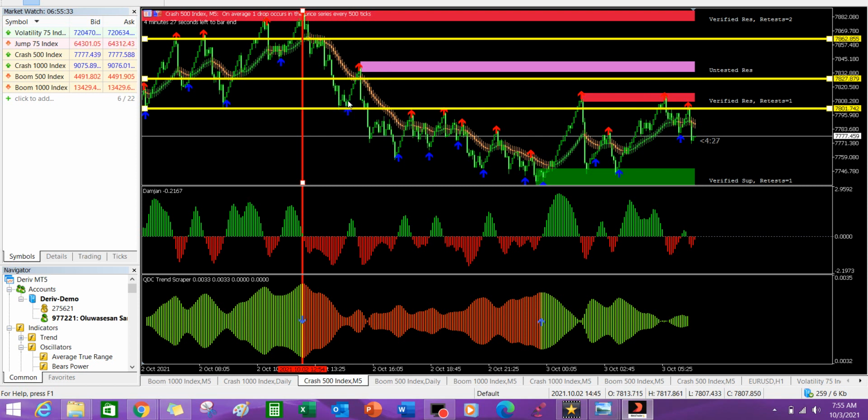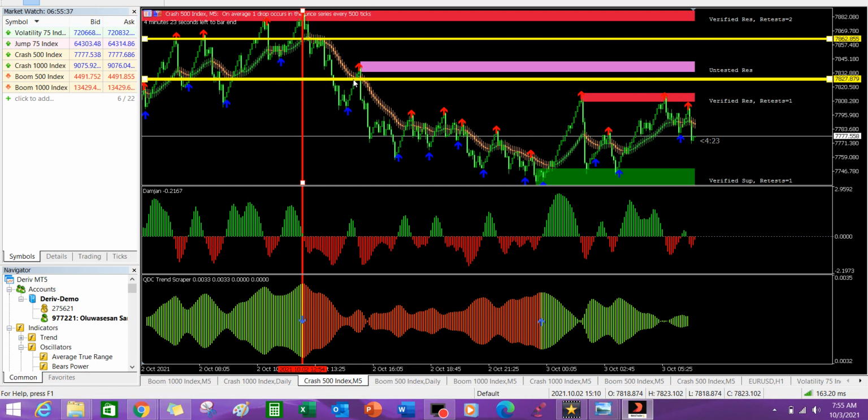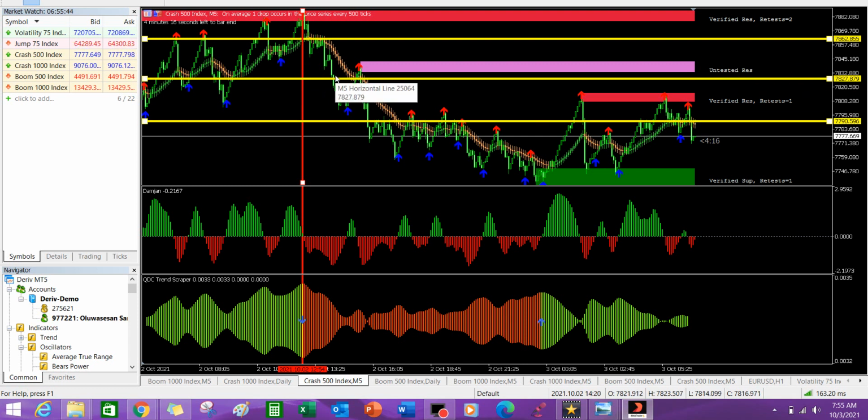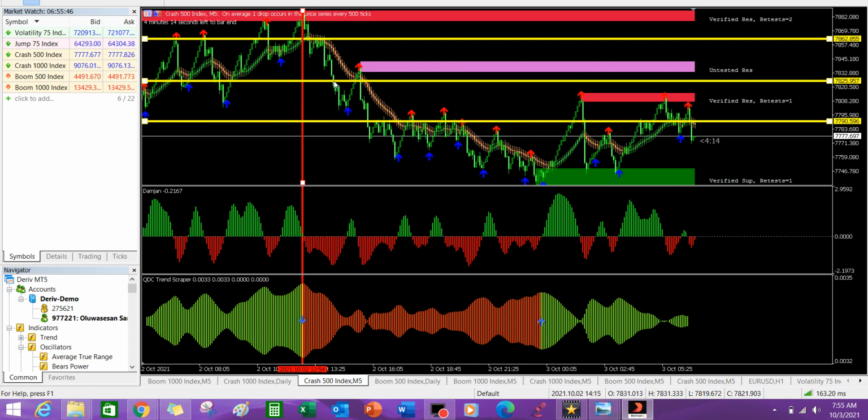But check it out, it went up again and got to your stop loss, even beyond your stop loss. Once it gets to this stop loss, it's going to close your trade for you, and your profit between this middle line and your entry point will be locked into your balance.